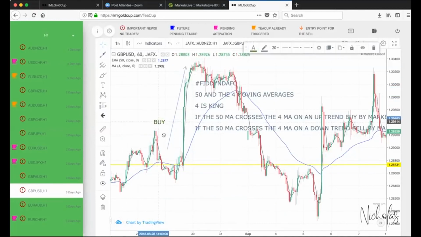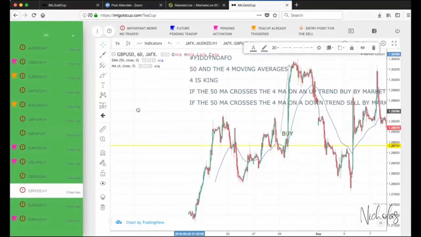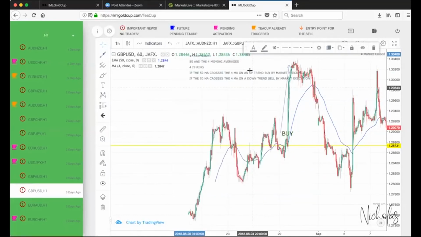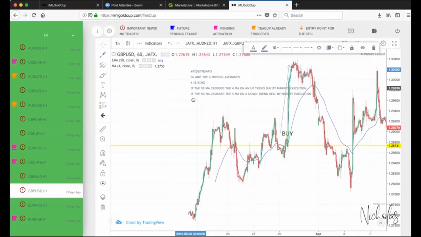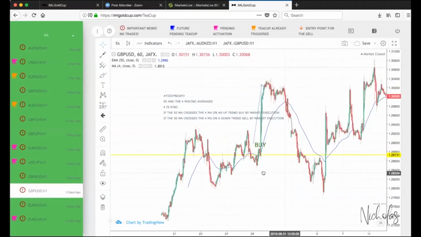This is a buy right here. Okay. See if I can make this smaller. It's starting to get in the way, y'all. That's a buy.